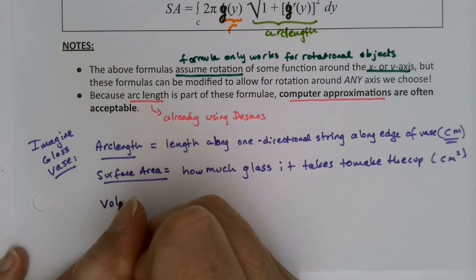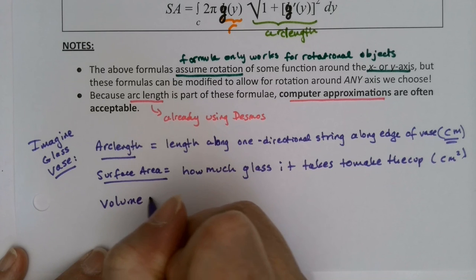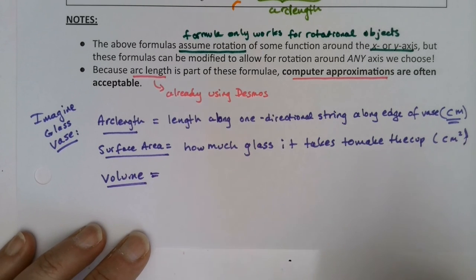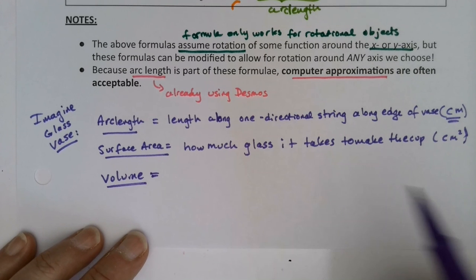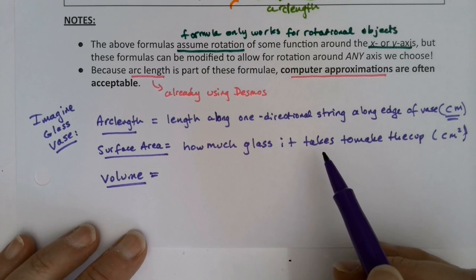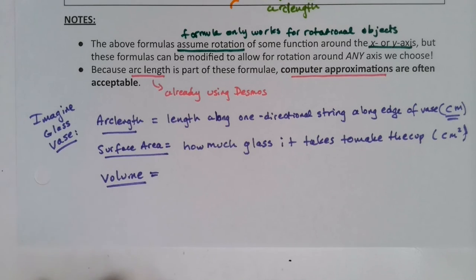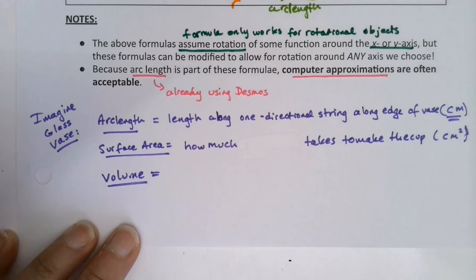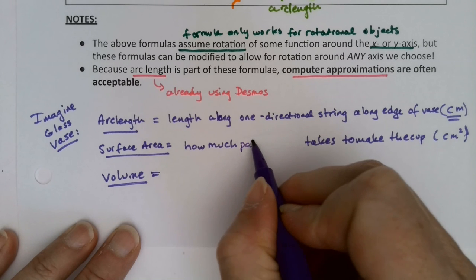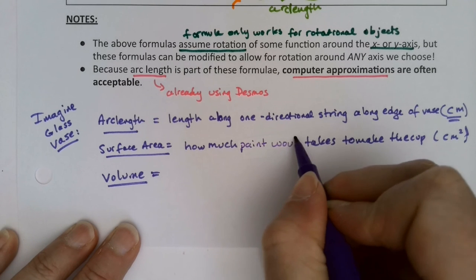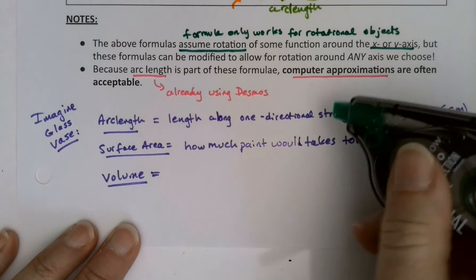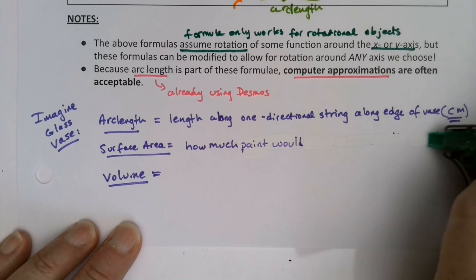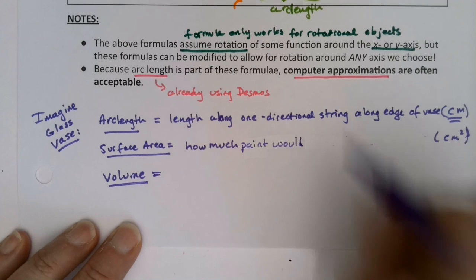And then volume. Surface area is a little strange. It's not really how much glass, because glass is also volume, but it's more like how much you could paint on the top of it. So, I guess how much paint would cover the vase. That's better. Because it's really technically only the surface.